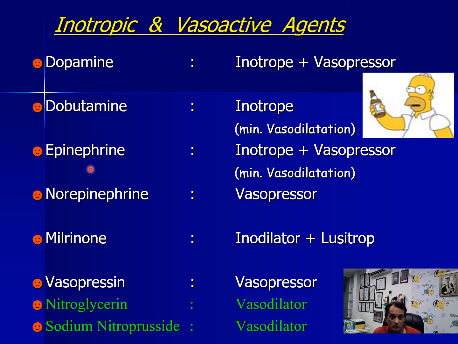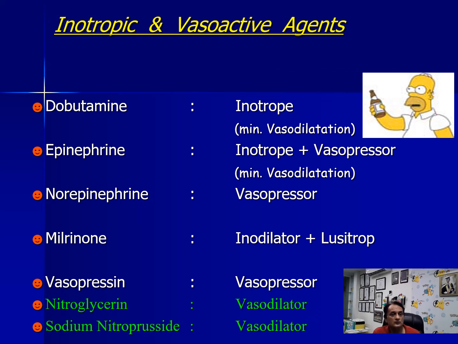It is an inotrope and vasopressor. It also increases the chronotropy other than the inotropy, and it even has a dromotropic effect. And milrinone has definitely replaced dobutamine, and it's an excellent drug, especially in cardiac patients.